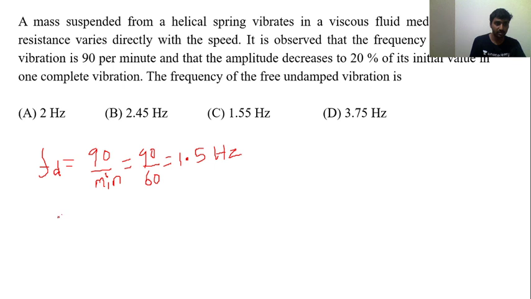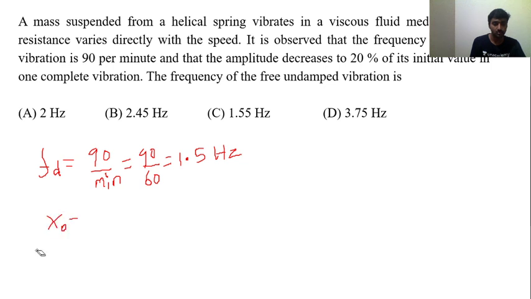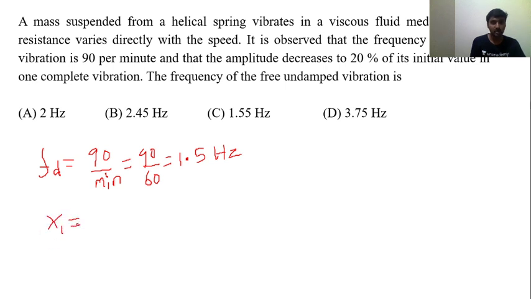So at the end of one complete revolution, x1 is equal to 20%, that is 0.2 into x0.